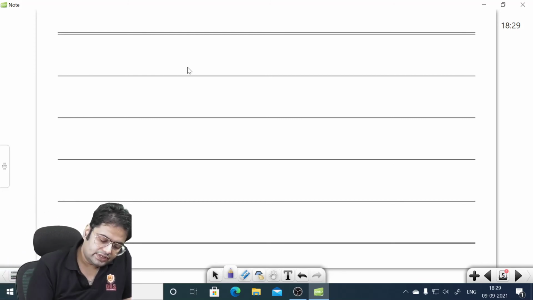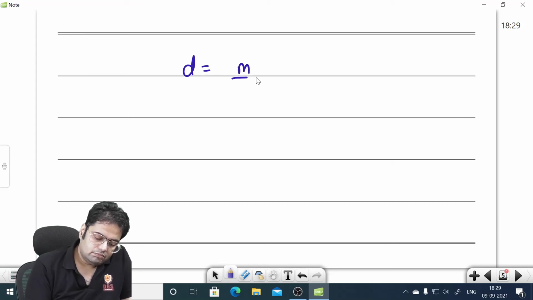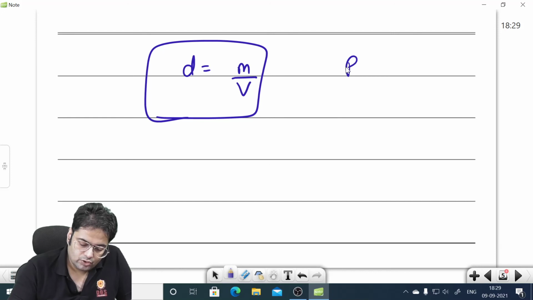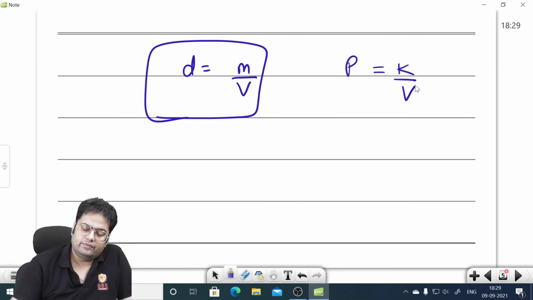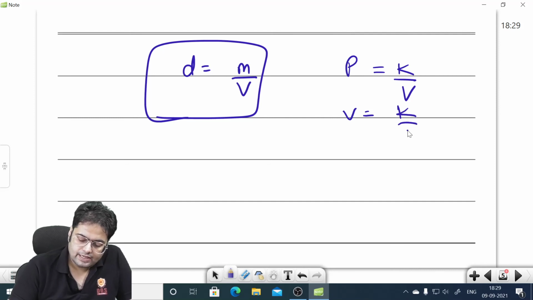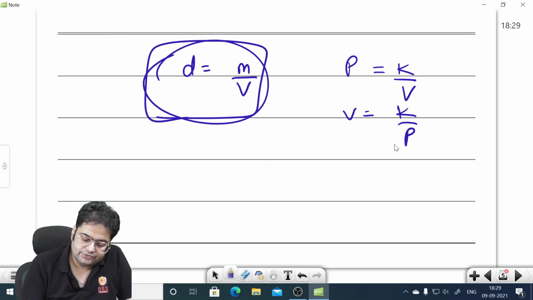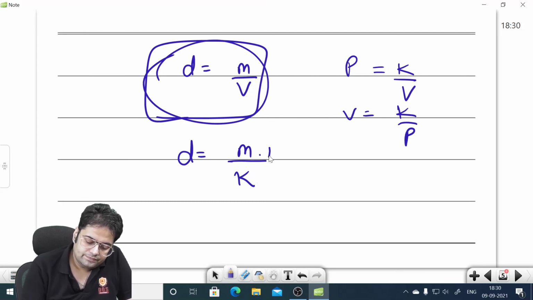So now let's take a thing out of Boyle's law. We all know that pressure is K by V. So V will be K by P. Put it here in the formula of density. So D is equal to M divided by K by P. So then P will be on this side.